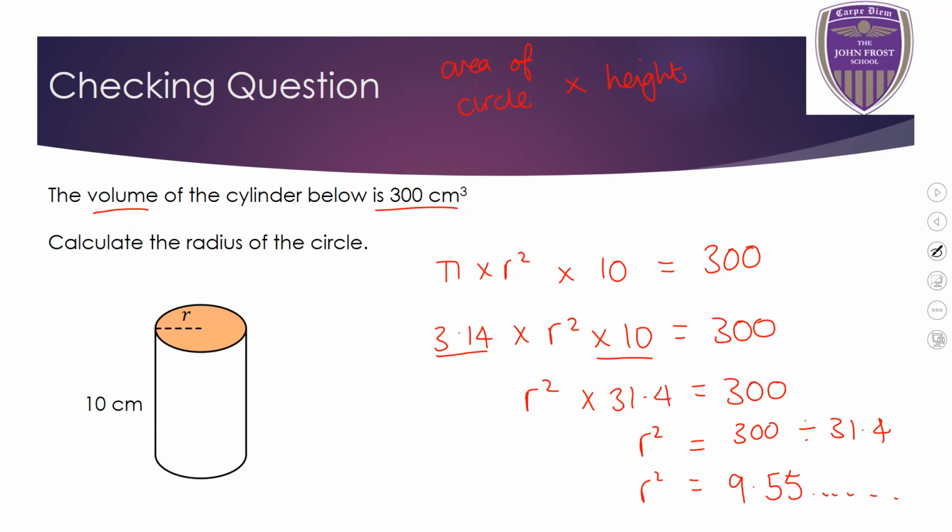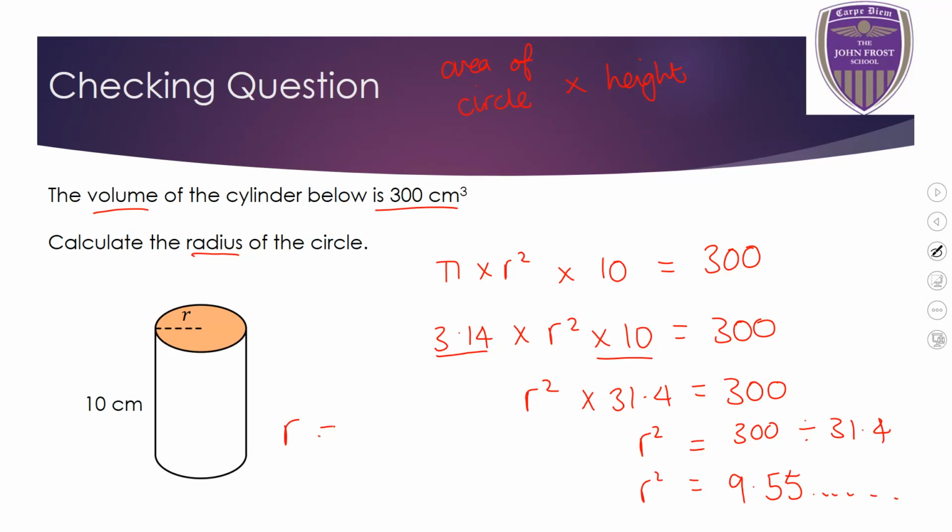Most people would stop there, but I haven't asked you to work out the radius squared, have I? I've asked you just to work out the radius. So from there, you need to think about what you would do next. Think about what is the opposite of squaring something. Hopefully you know that that's the square root. So if I want to find what r is, and I know what r squared is, I just do the square root.